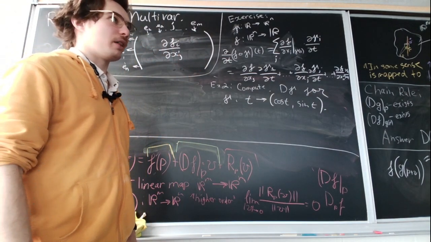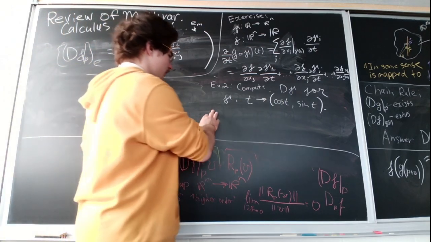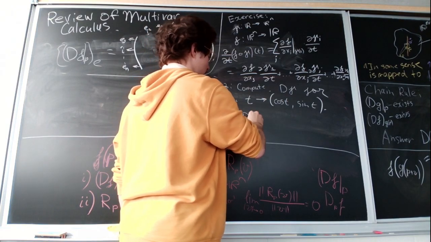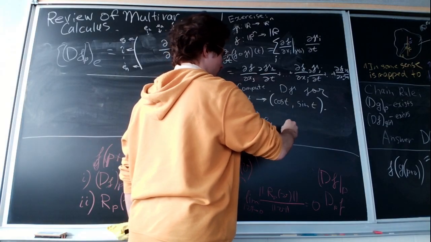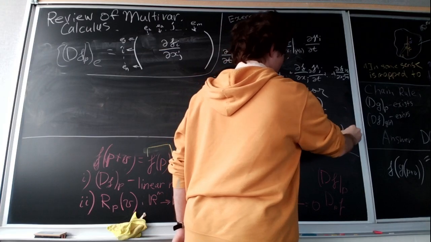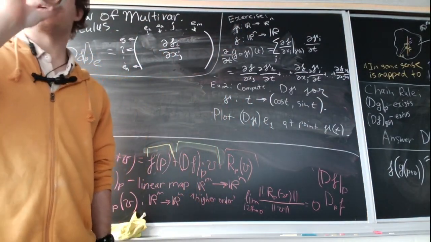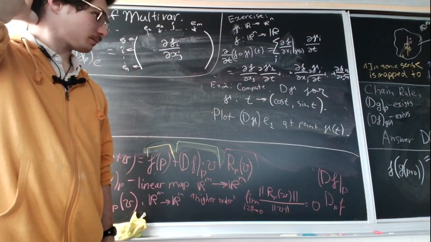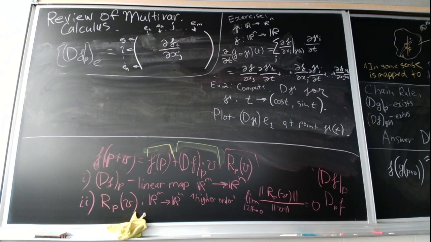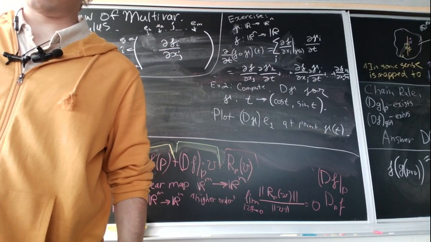And then, I don't know, plot d gamma applied to E1 at point gamma of t, and see what you get, and then it should be obvious what you get. People get the exercise?